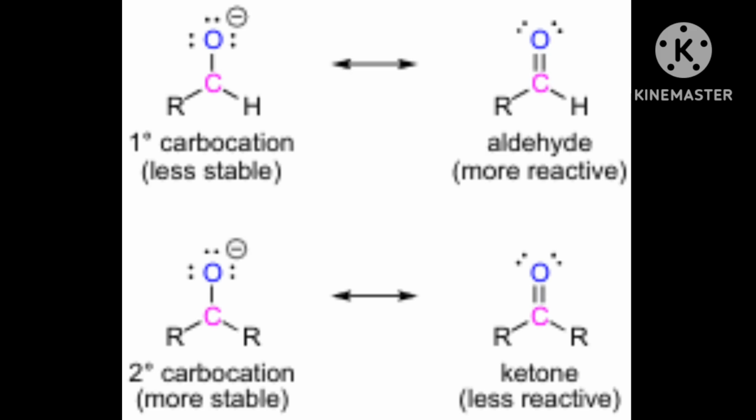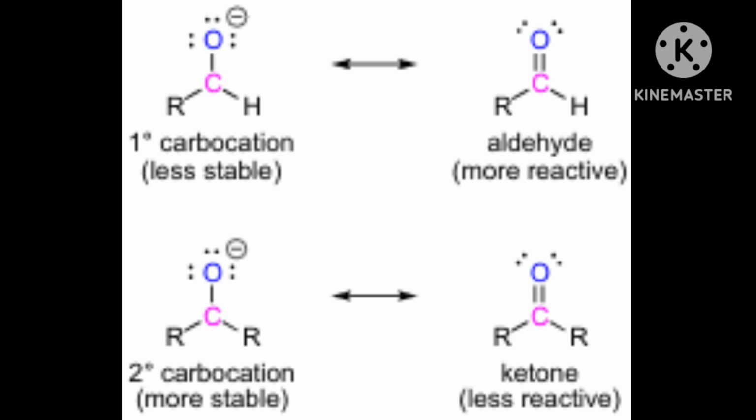The first step, when it was planar and the nucleophile attacked, that step is slow. Means in step 1, when the nucleophile attacks the positively charged carbon, that step is slow and it forms the tetrahedral intermediate.